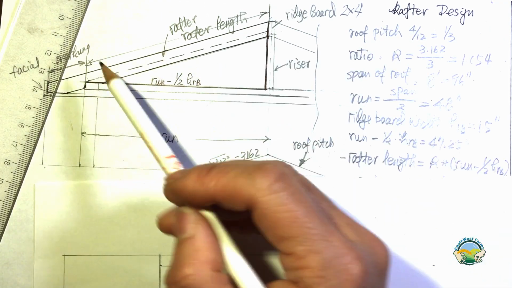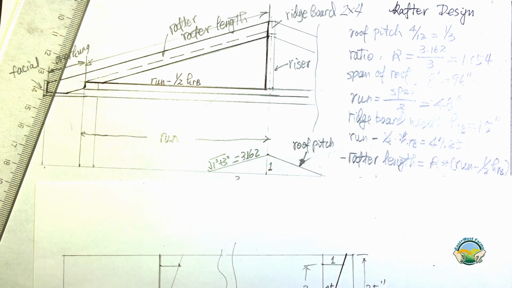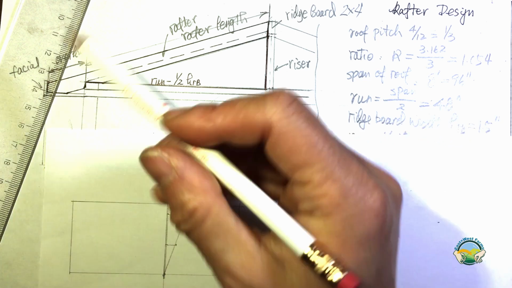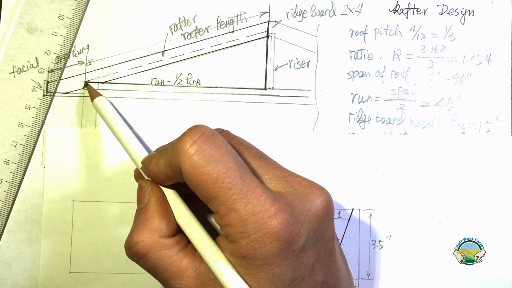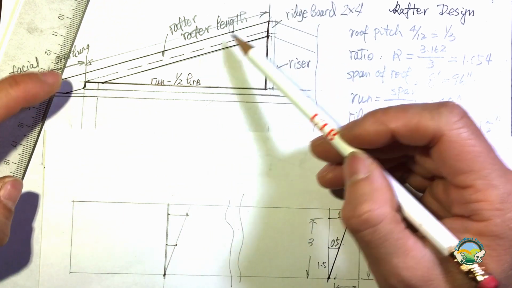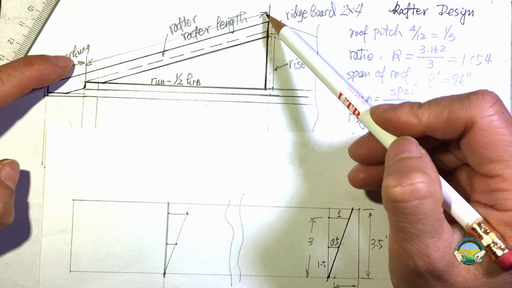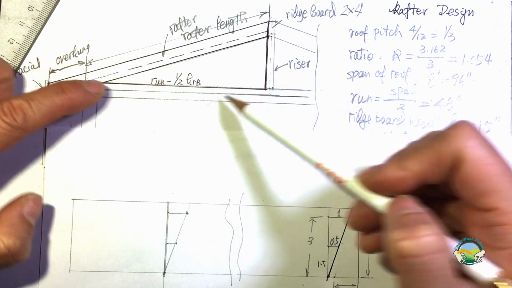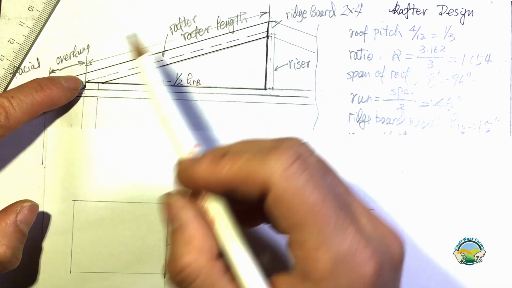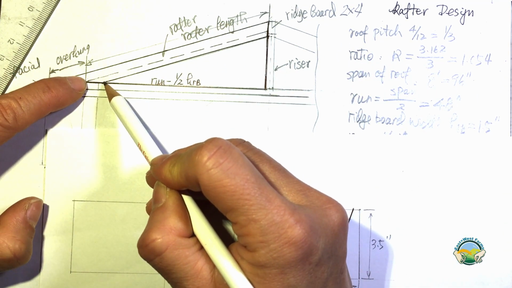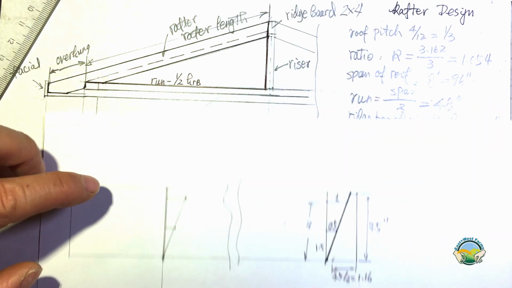So of course, now I have to decide how deep my bird mouth needs to be. The depth of the bird mouth is not that critical because it basically determines how high your rafter is sitting on top of the double header. So you can choose a convenient one, but you do need the dimension of the bird mouth seat to calculate the riser.